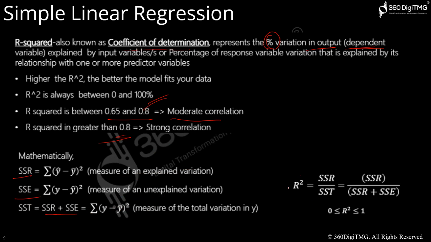So R square is nothing but SSR by SST. Your SST is nothing but SSR plus SSE. So which has to be in range of 0 less than or equal to R square less than or equal to 1.